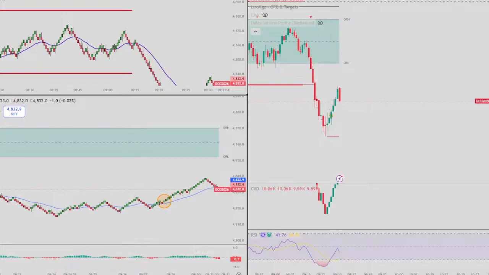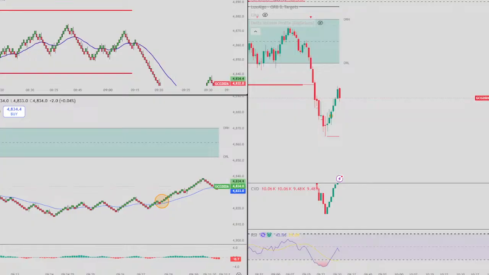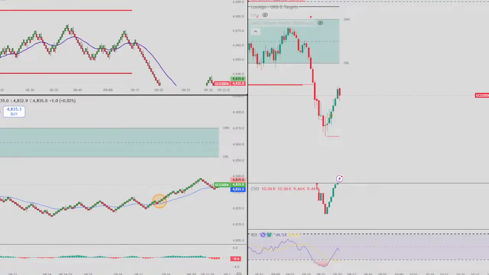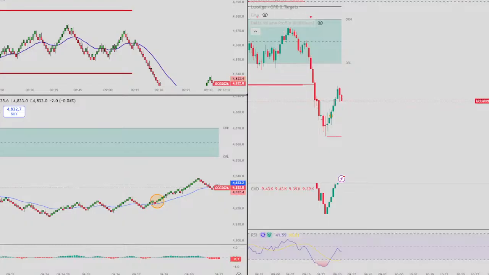Let me play this back. I'm just gonna grab my phone one second. I don't think I've ever seen 76 ticks on gold that quickly.